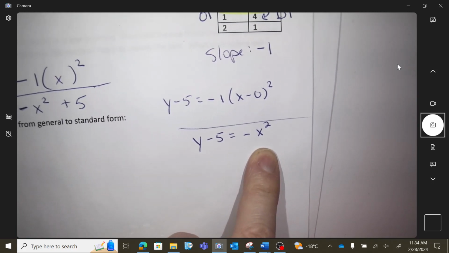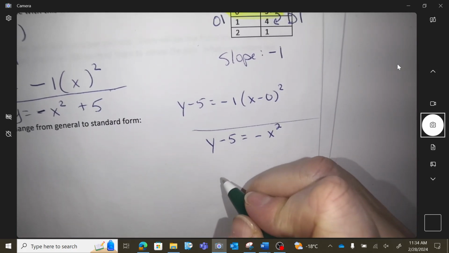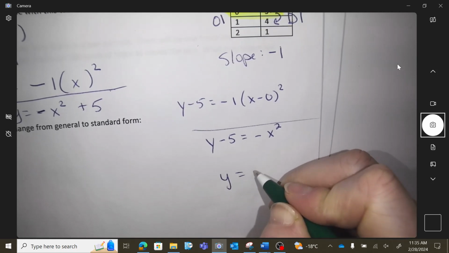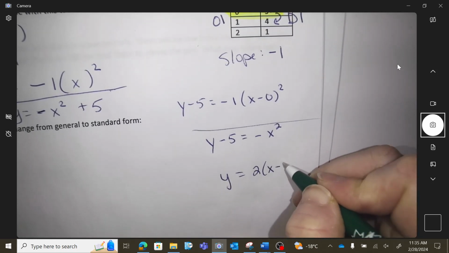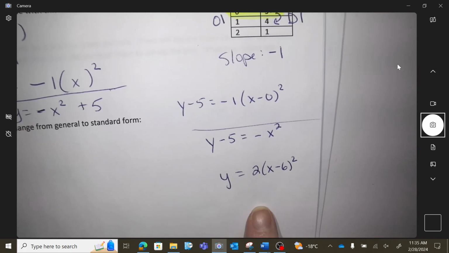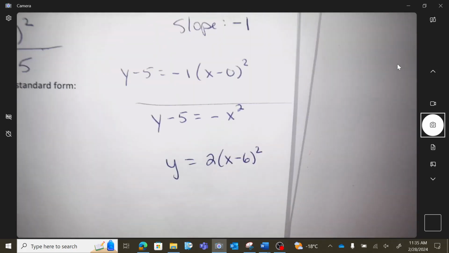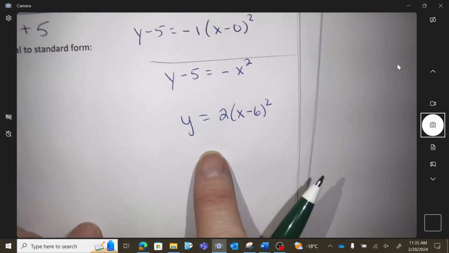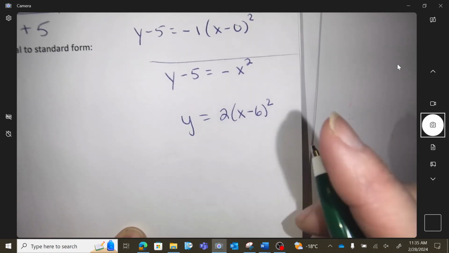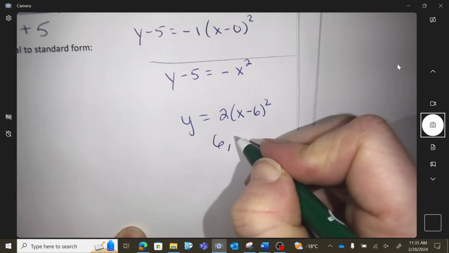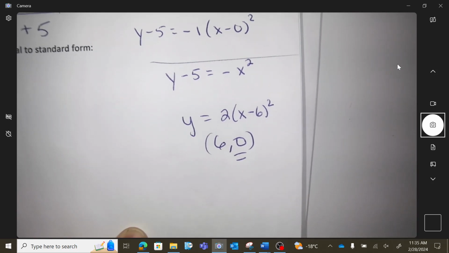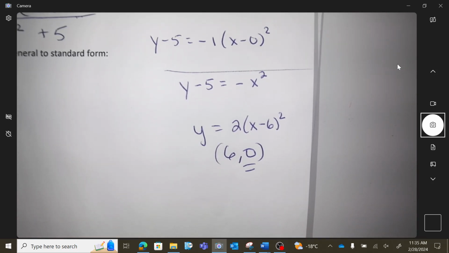The vertex was at 0. Would you recognize on the test the vertex on this one? 6, 0. There was no number, right? So be able to recognize that on the test, okay? Wink, wink.